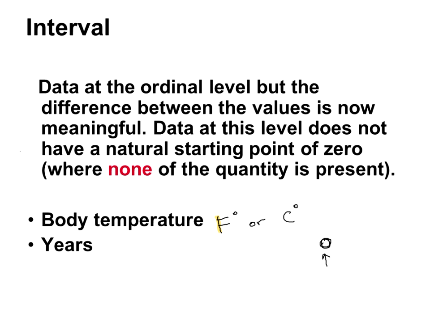Now the other one is years. Years does not have a natural starting point of 0 because life did not begin at the year 0. So years does not have a natural starting point of 0, and that would be interval data.